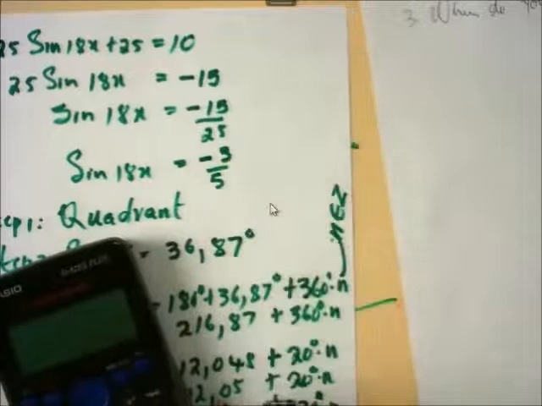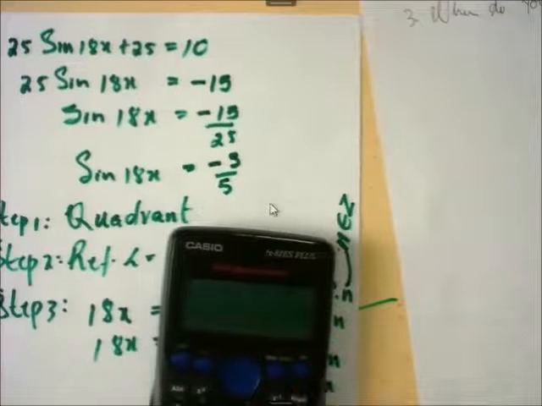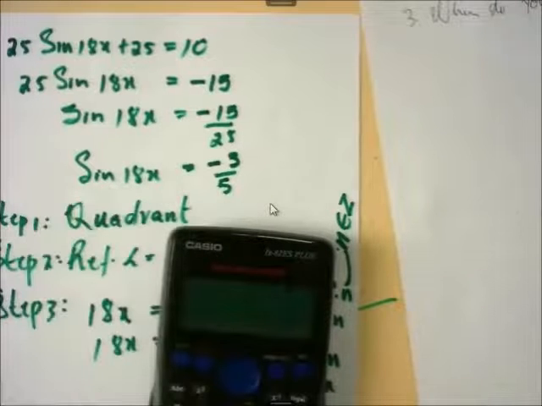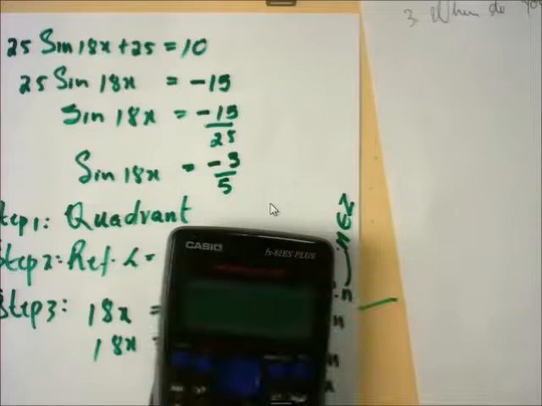To find the reference angle of that, let me switch my calculator on. We press shift or the second function. We are working with sine, so that will be the arc sine. The Casio is so nice to open the bracket for me, and then it has got the fraction as well.